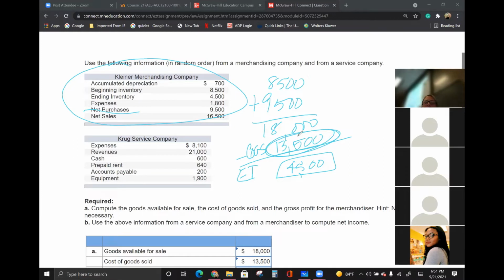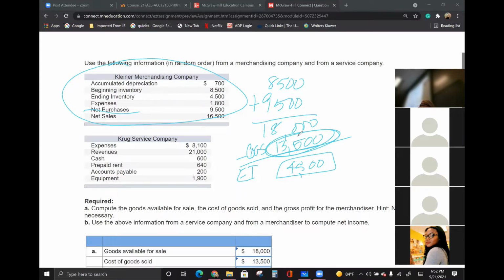Okay, then it says, I want to know the gross profit. Well, how did we say to calculate gross profit? If you think about the multi-step income statement, remember it had sales, less allowances, returns, and I had net sales, less my cost gives me my gross profit.